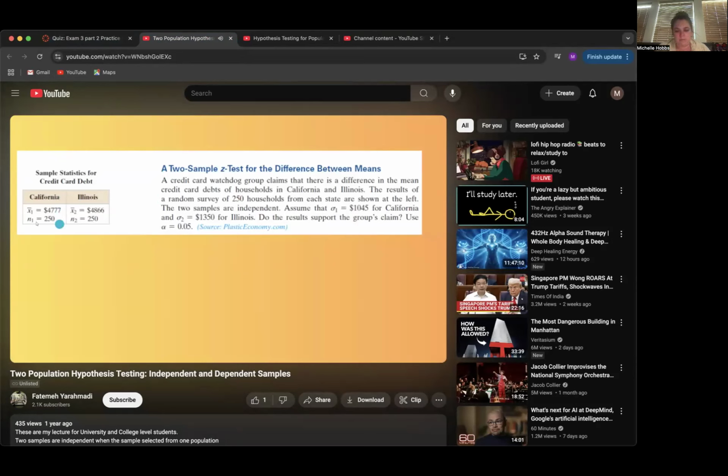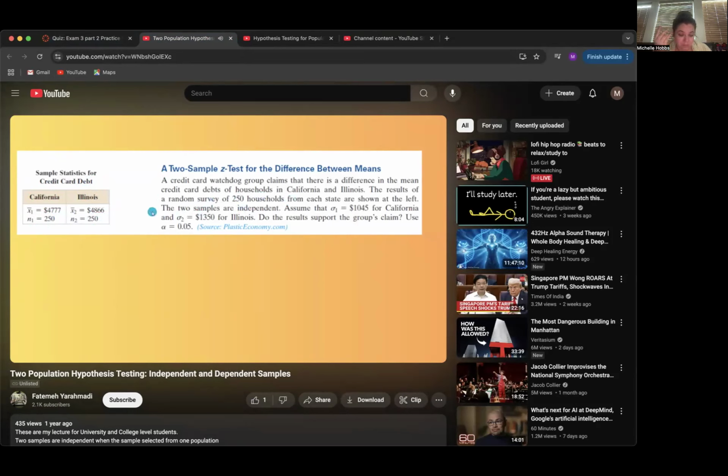So for California, it seems like the mean is 4,777, and N1, the sample size, is 250. For the second state, Illinois, the mean is 4,866 with sample size 250.